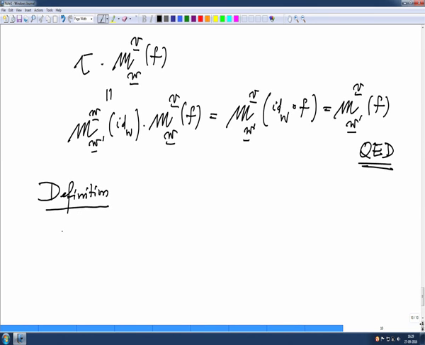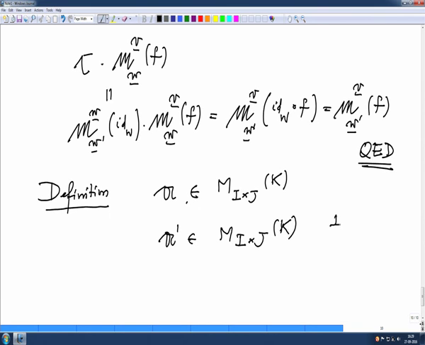We have two matrices: A is in M_{I×J}, and the matrix A prime, also in M_{I×J}, two matrices of the same order.